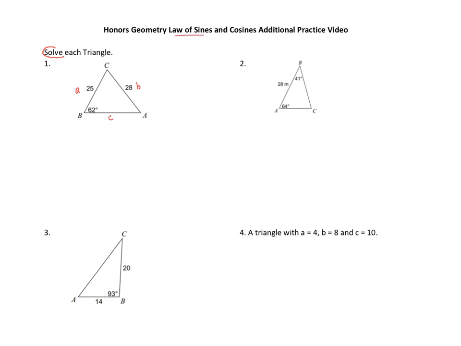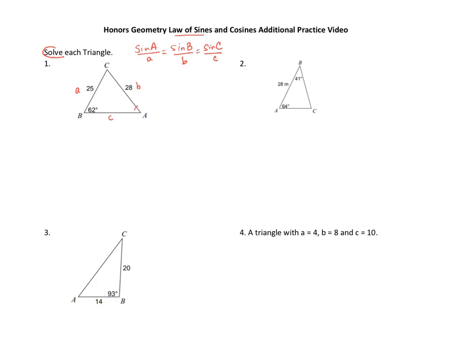So the law of sines says sine of A over little a, so sine of angle A, is equivalent to the sine of angle B over little b, which is equivalent to sine of angle C over little c, and we'll set up the ratios.